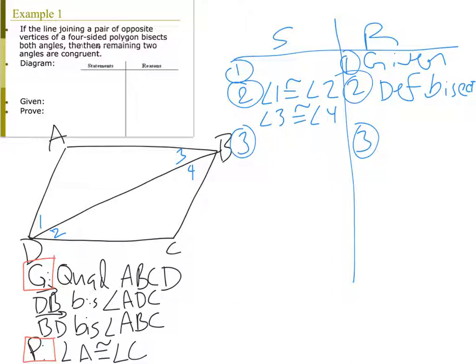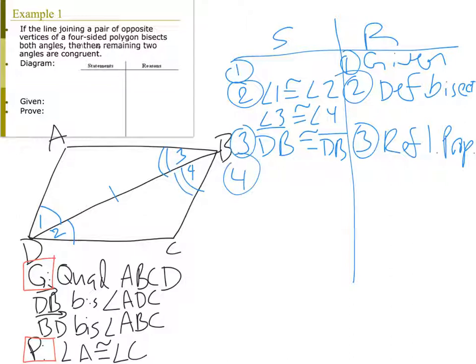Alrighty, well what about, so I've got two angles. I need a pair of sides. I've got these two angles, I've got these two angles. I need a pair of sides. How about DB is congruent to itself? That'd be reflexive property.